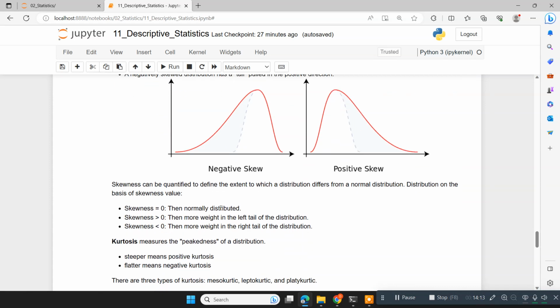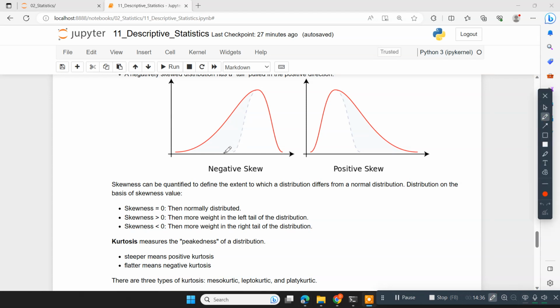When you plot your data, if the skewness is 0, it is normally distributed. Let me plot it so that you can understand.